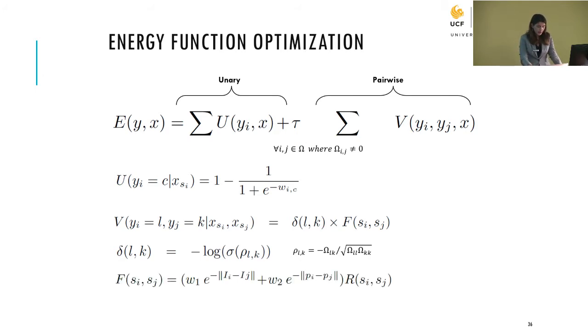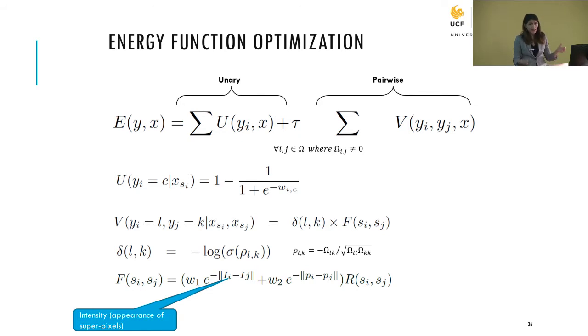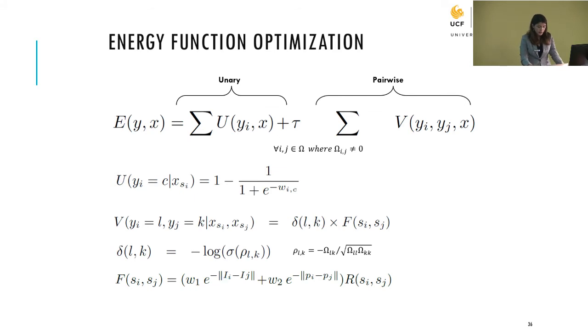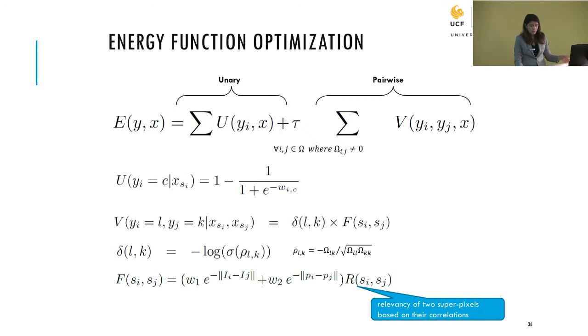And also F has two parts. One is finding the dependency between superpixels using their appearance and their position. Also R measures how correlated these superpixels are using the scene graph. Then we can easily use alpha expansion, for example, to optimize this energy function and find the labels.